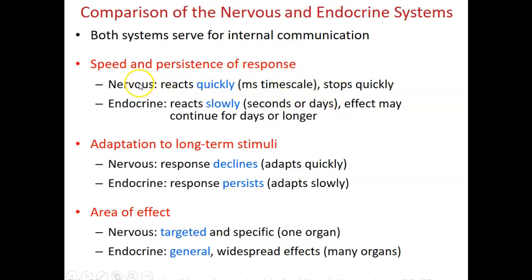The signal delivered by the nervous system is quick, but it also stops quickly. The endocrine system delivers the signal slowly and it stops slowly. The impact of the nervous system is specific: the nerve endings control specific targeted organs. But the impact of the endocrine system through hormones is general, because the bloodstream will circulate the hormones throughout the body toward many organs.